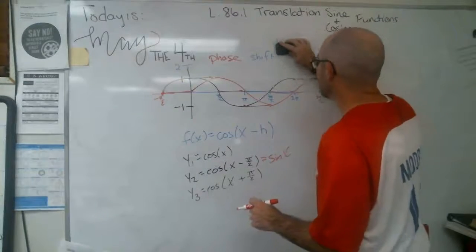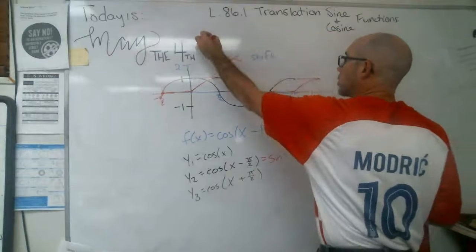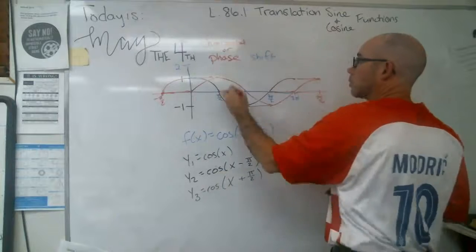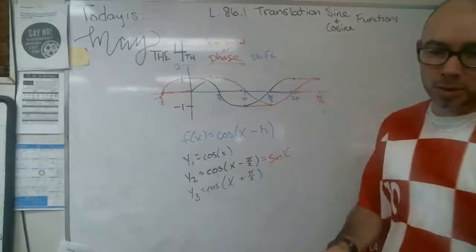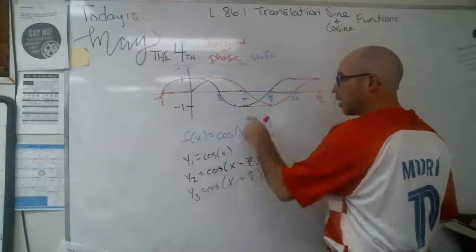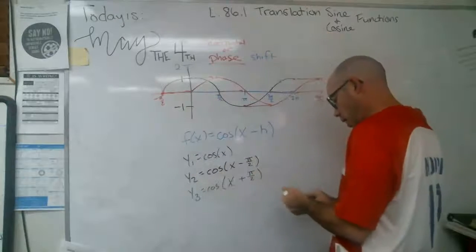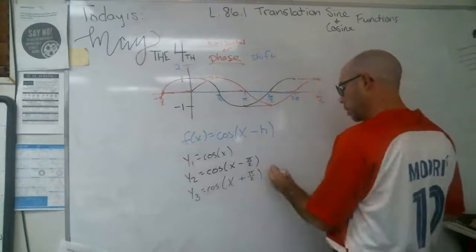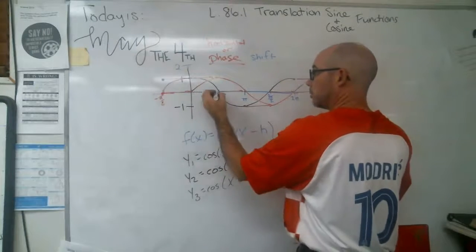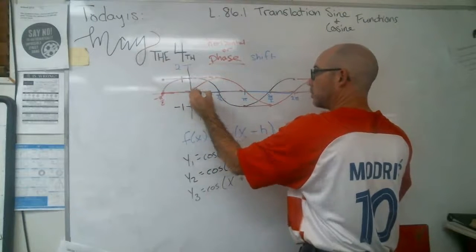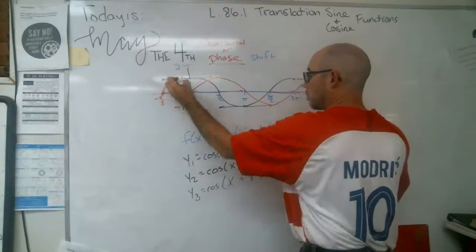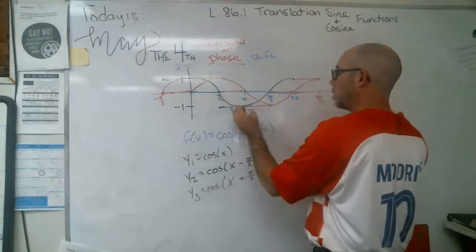So phase shift or horizontal. But this is the preferred terminology. And then in consequence, if we're going to have this one, everything's going to shift that way. Maybe I'll do that in blue. Shift this way pi over 2. My original here shifts this way. This point shifts to here. This point shifts to here. Pi over 2.